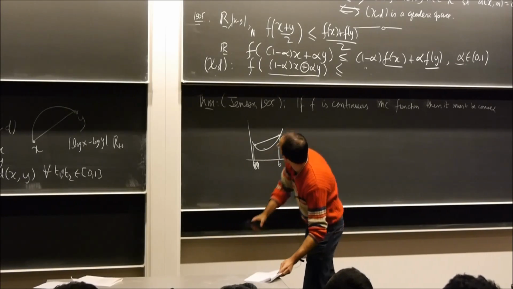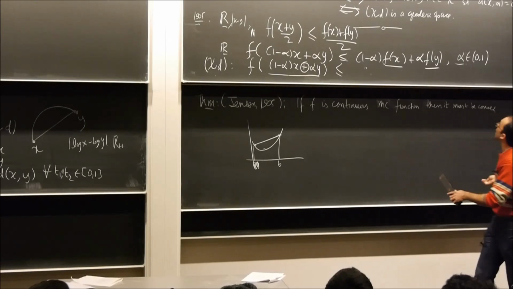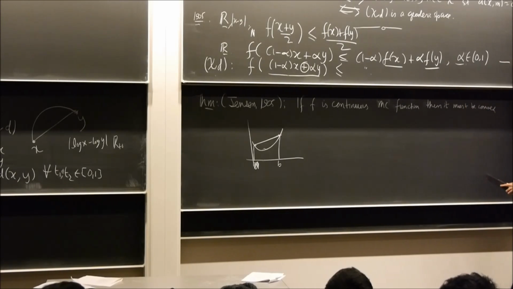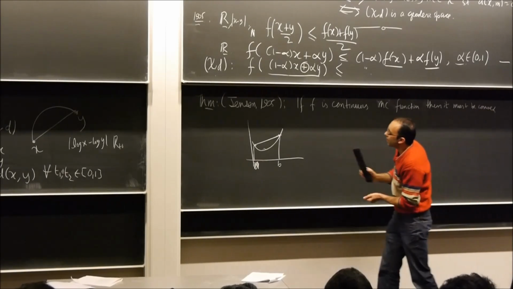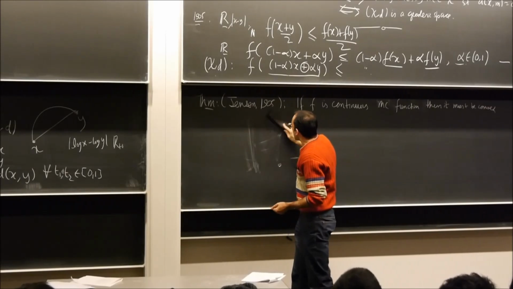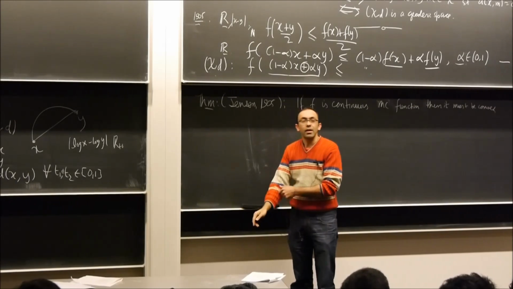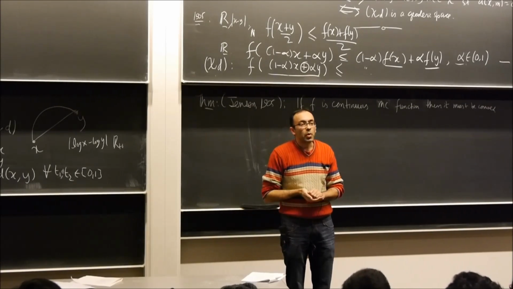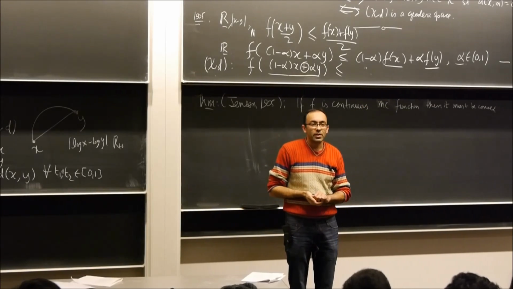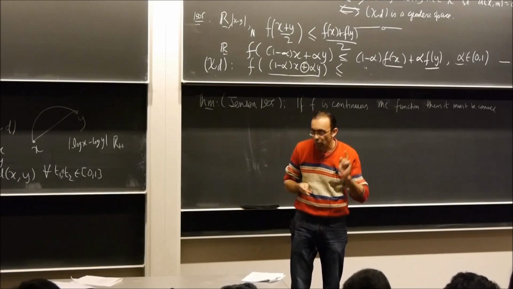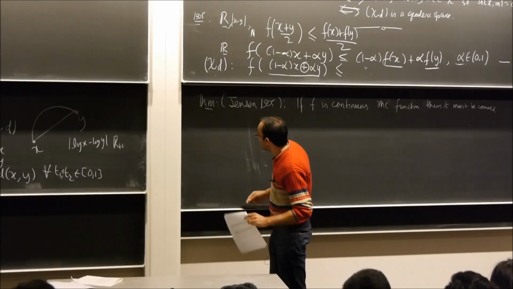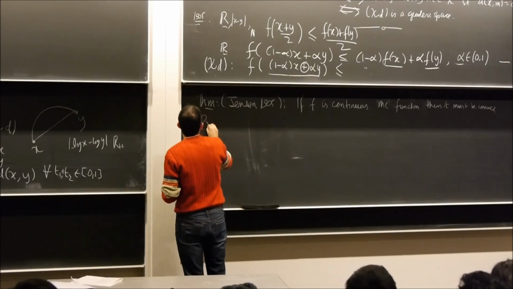So let's call this inequality star. That's our convexity inequality. So suppose it is midpoint convex, but that inequality breaks down somewhere. Then look at this function.